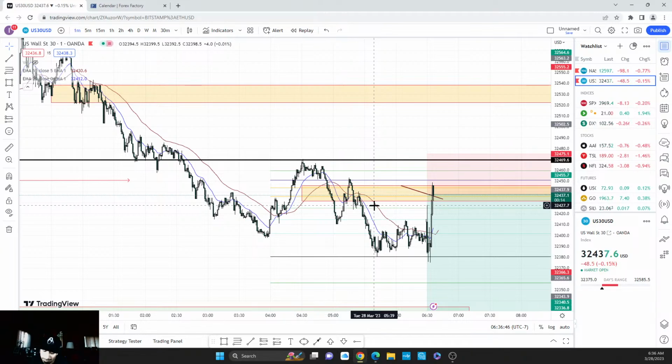It's a long minute. I like that rejection, right? So we're in the trade. Let's see what happens. If we could get a full pull down to the downside, right? That'd be great.